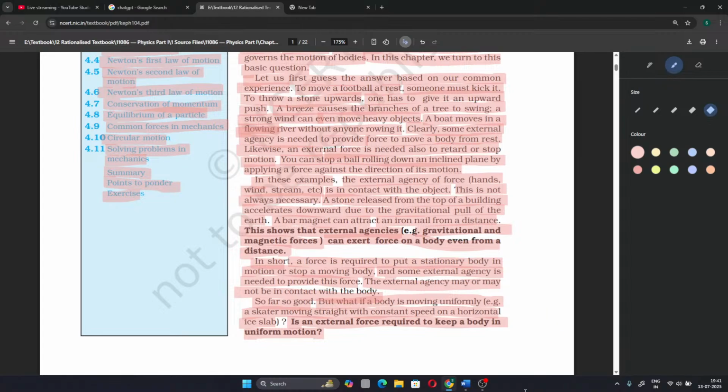In reality, an ice slab is not completely frictionless, so the skater will indeed stop. But on an ideal frictionless slab, if a skater is moving in a straight line with a uniform velocity, unless someone is there to stop him, he will continue to go, no matter how long, for infinity.